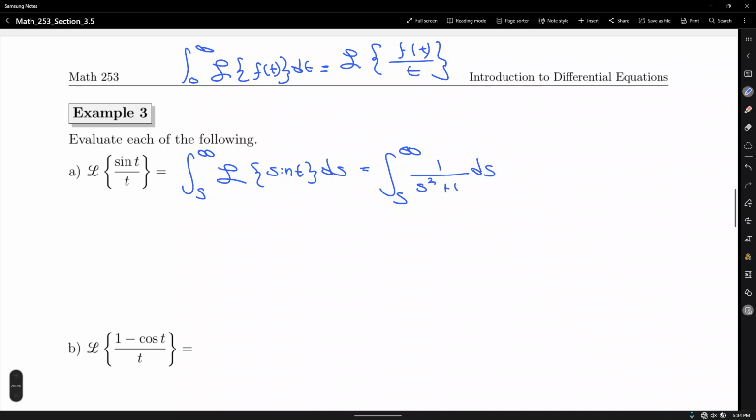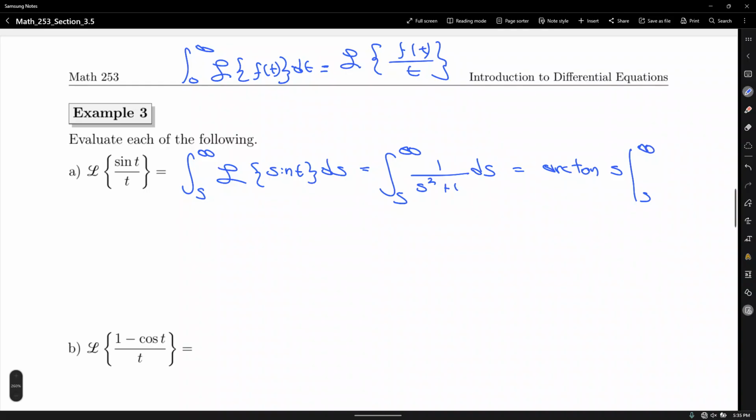Let's integrate this one. Isn't that just the arctangent rule? That equals arctan of s evaluated between s and infinity. I know it's kind of weird to see the same variable s on the limit and as a variable, but that's fine.